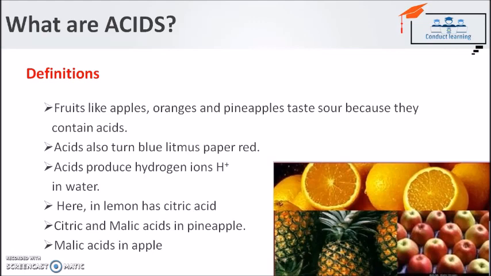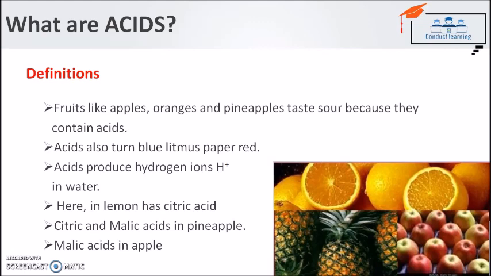For another definition of acid, if we want to check whether there is acid or not, we take a blue litmus paper. If it is acid, it will turn the blue litmus paper into red.